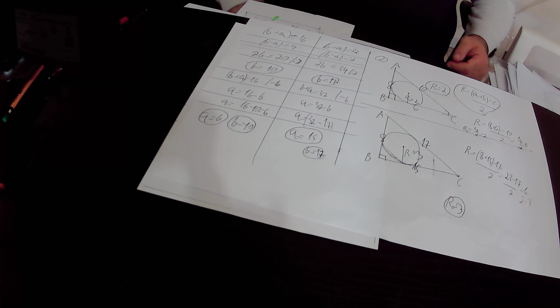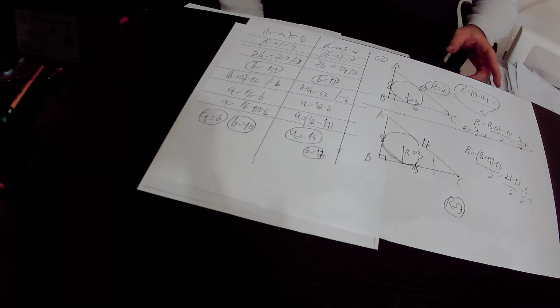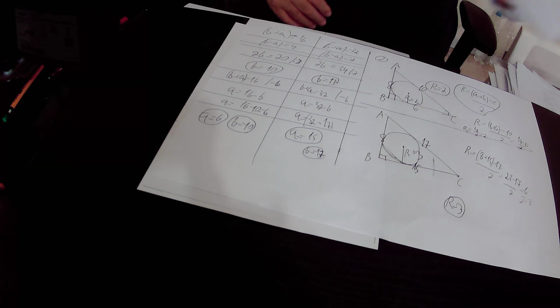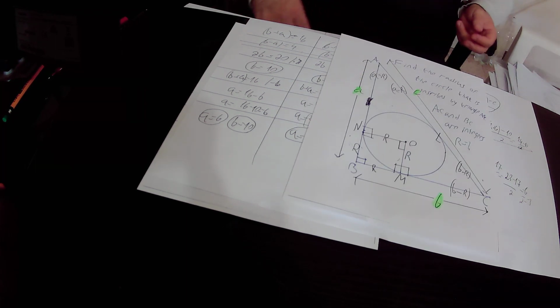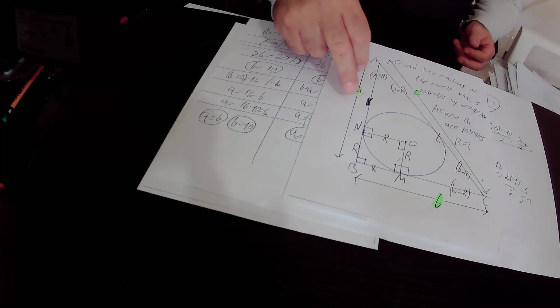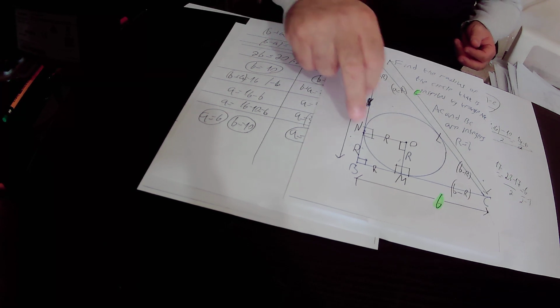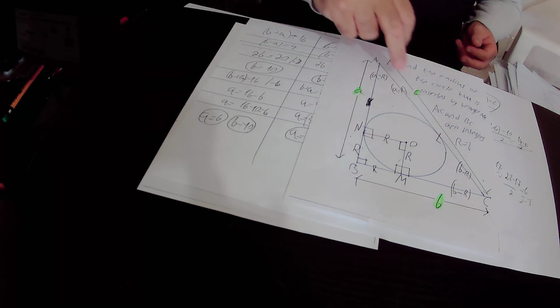In order to find the radius of the circle, we actually drew a right triangle, triangle ABC, that could be any right triangle, and here, side AB will be equal to a units, side BC equals b units, and side AC equals c units.